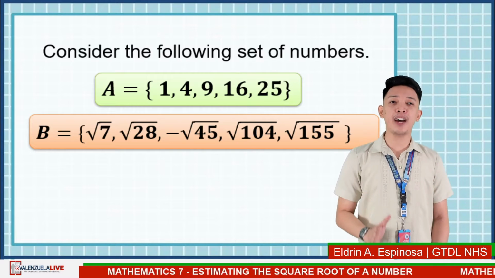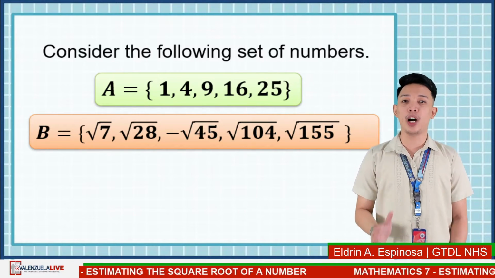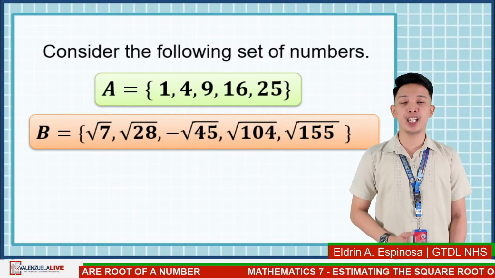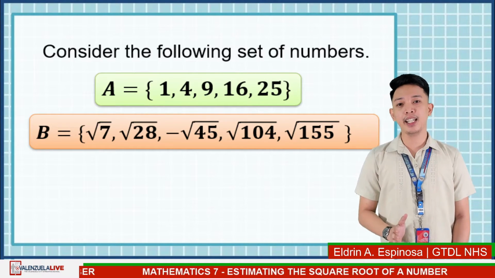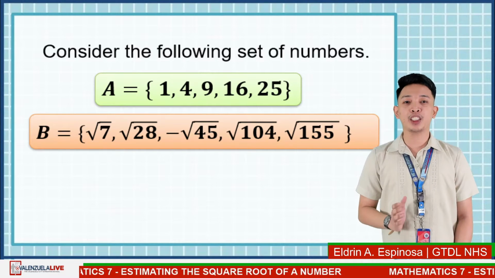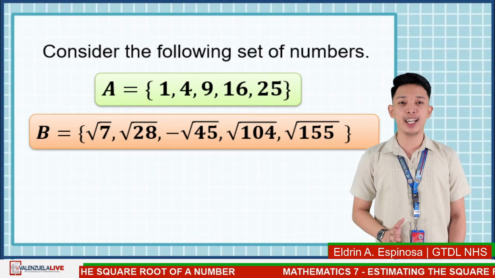Now, consider the following sets of numbers. Set A containing the elements 1, 4, 9, 16, and 25. Set B containing the elements square root of 7, square root of 28, negative square root of 45, square root of 104, and square root of 155.